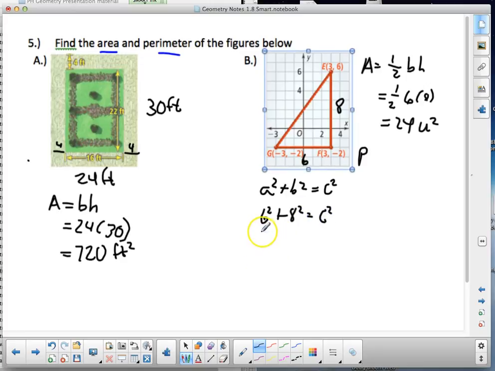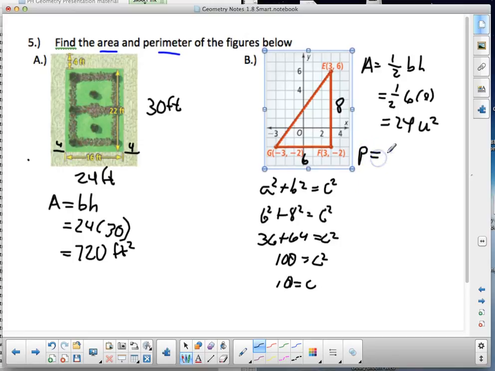So this is 36 plus 64, which is 100, equal to c squared. And I take the square root of both sides, and I find 10 is c. So now my perimeter is equal to 6 plus 8 plus 10.